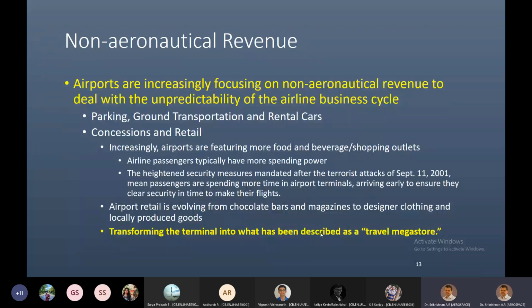In fact, all this actually happened after what they call the 9/11 attack in 2001, the Twin Towers in the US. The security measures worldwide were tightened, and we know that the reporting time has been increased after that.